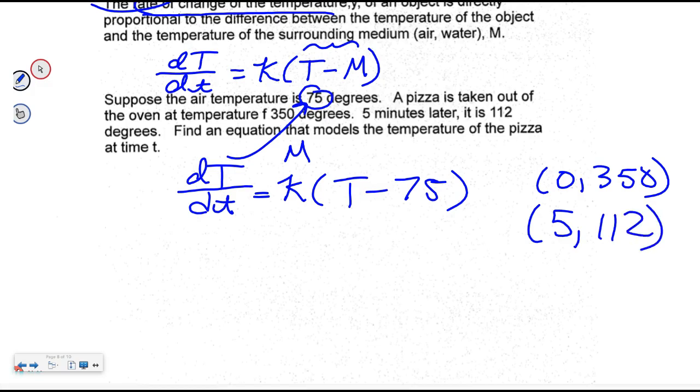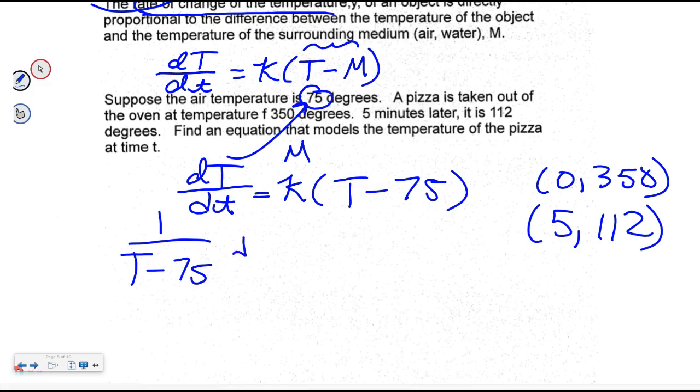I can't use the exponential growth. Do you get why? I can't just go T equals Ce to the kt, because of the minus. So this has to be done all the way out. There is an algorithm for it, but you would never remember, so we're just going to do it in full.